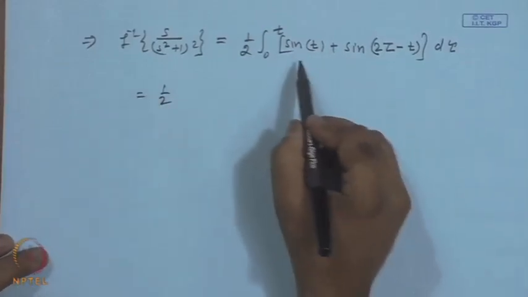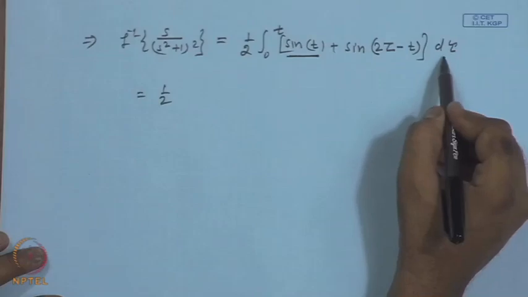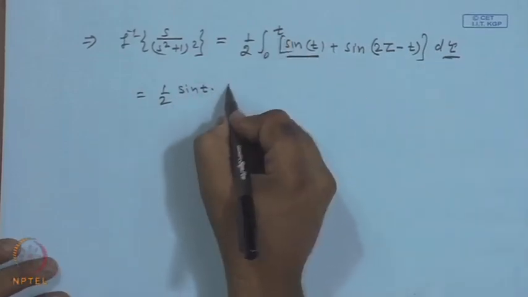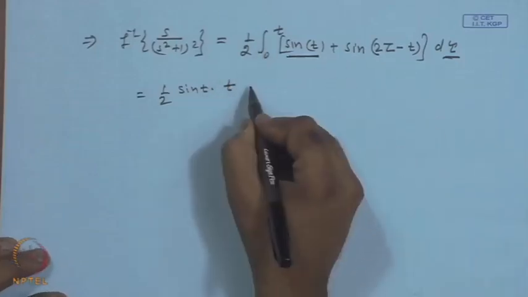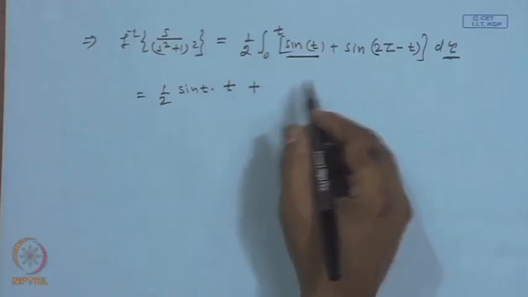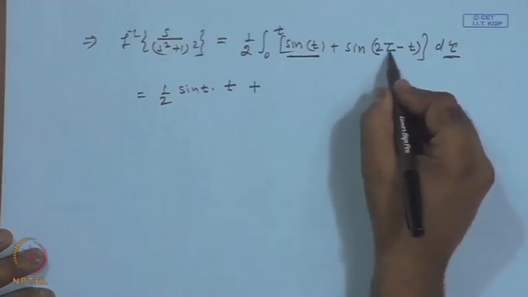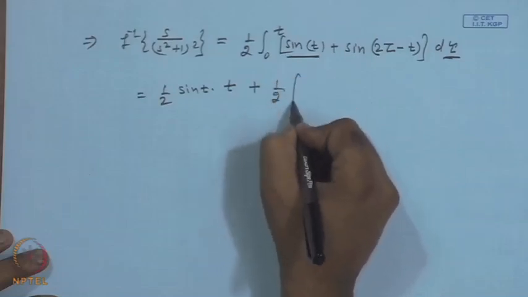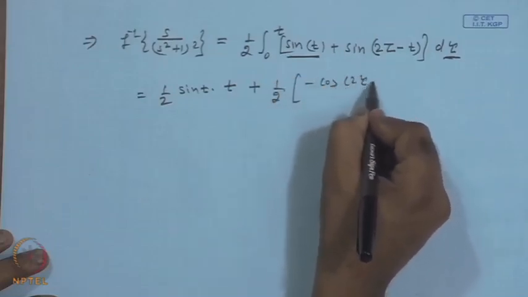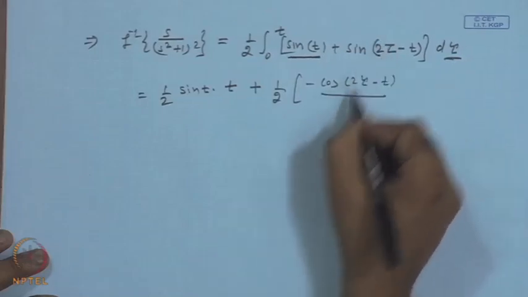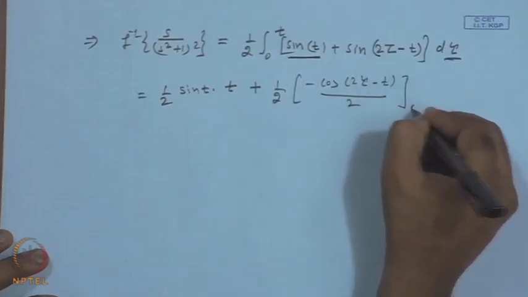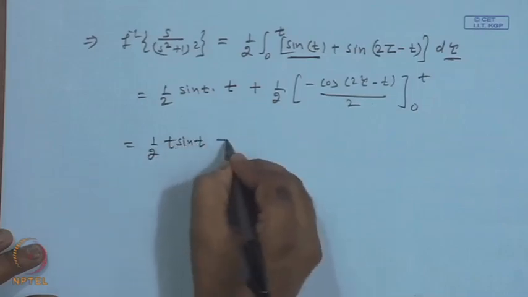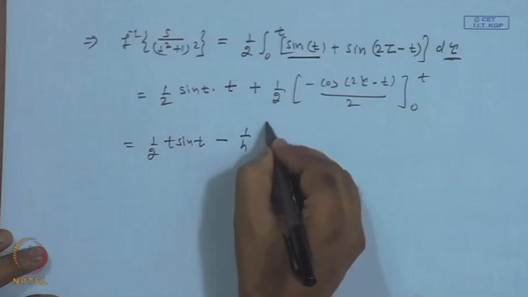So, we integrate this because sin t is independent of this tau. So, we take this sin t, and here the integral will give us t, plus we have sin(2 tau minus t), and this will be, with the half here, minus cos(2 tau minus t), and divide by this 2, from 0 to t. So, we have half t sin t and we have minus 1 over 4.